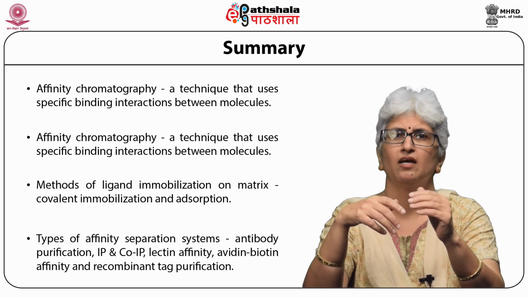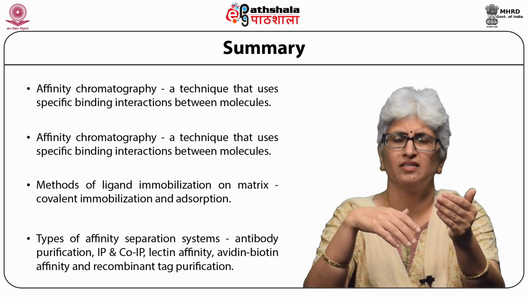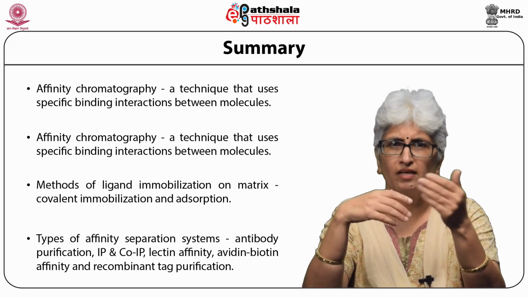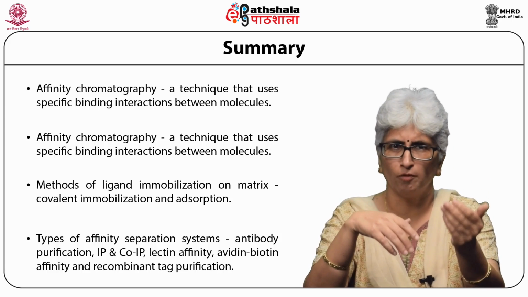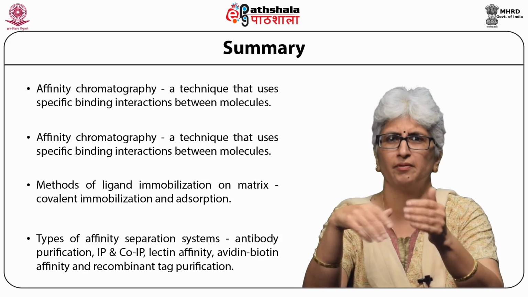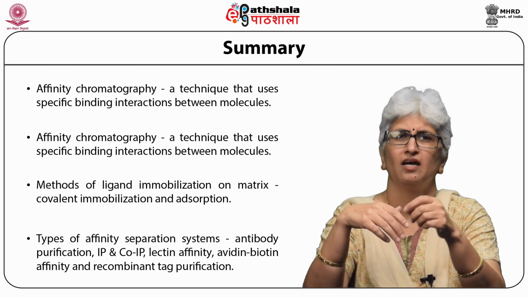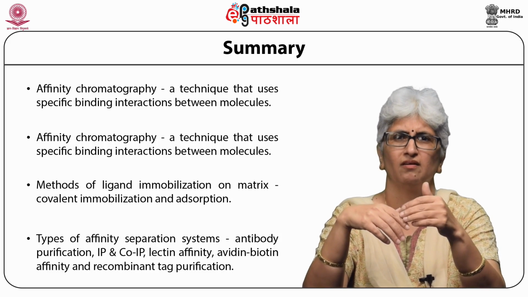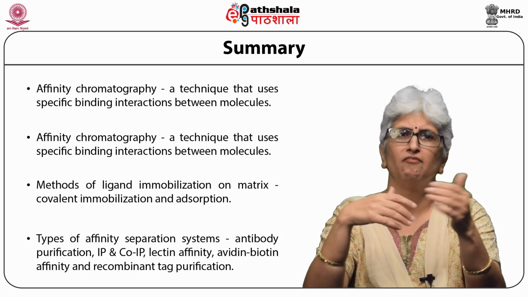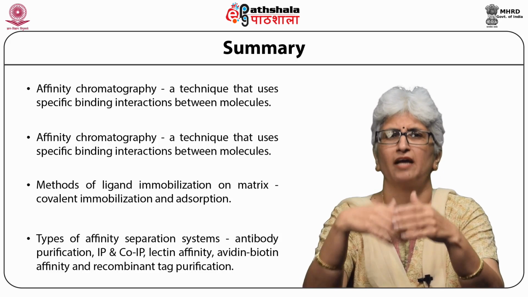Immobilization of ligand on solid support can be achieved by various methods such as covalent immobilization and adsorption. There are various types of affinity separation systems. These are antibody purification, IP and co-IP, lectin affinity, avidin-biotin affinity, and recombinant tag purification.